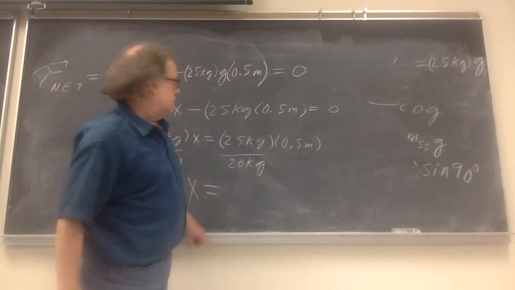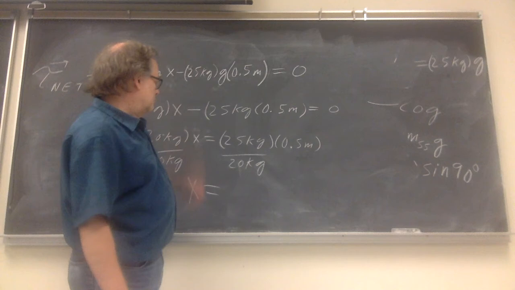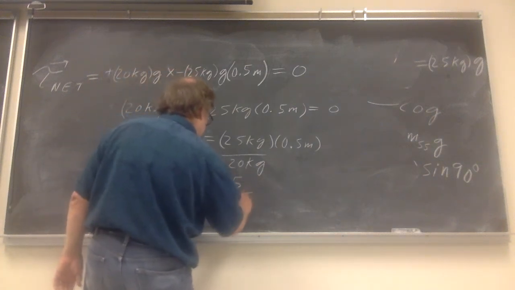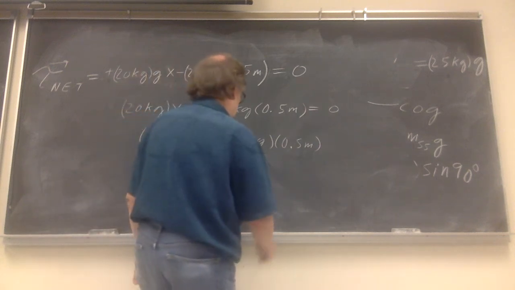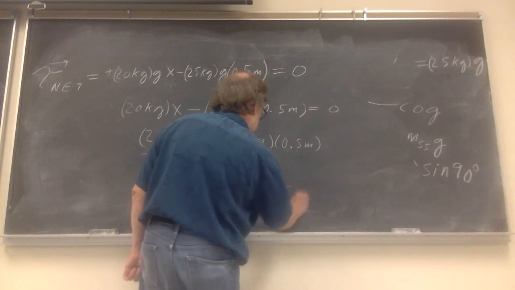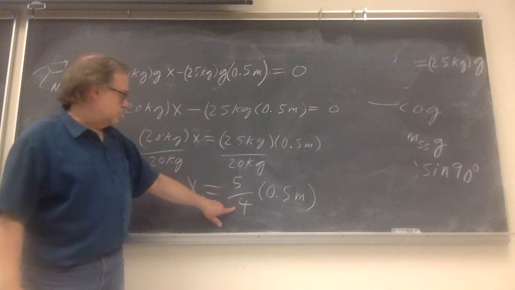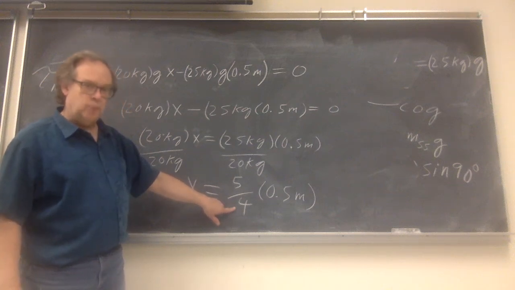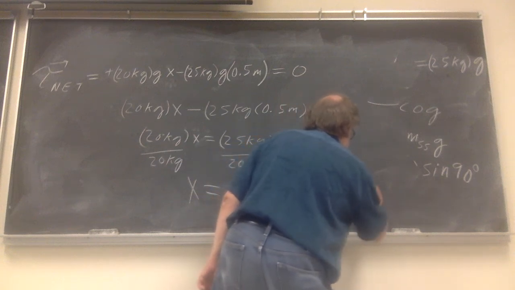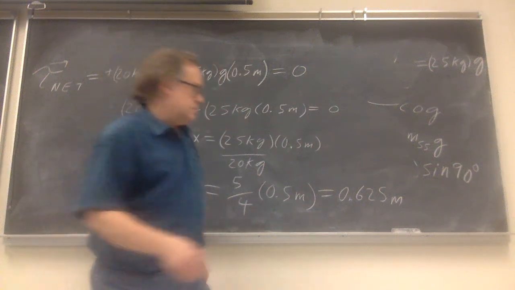So all we have is x on the left-hand side. 25 over 20, we can write that as 5/4. Times 0.5 meters. So when you take 1/2 and multiply it by 5/4, what you'll finally get in the end is 0.625 meters.